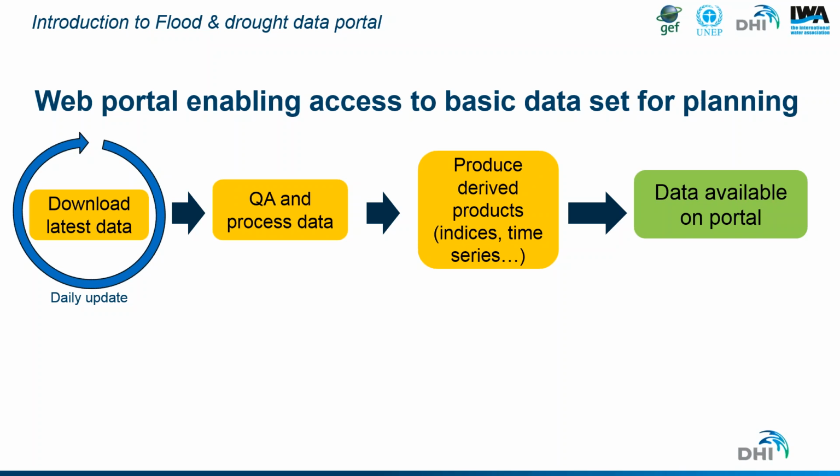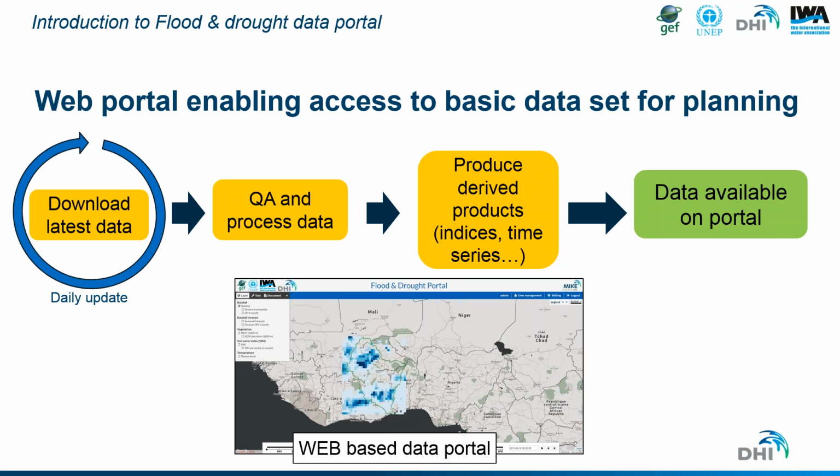And then on top of this, we produce different derived products such as indices, time series, and statistical measures. And then at the end, we make the data available on a public web-based data portal. And there's a screen dump of the data portal there, and you will get a live demo of this just after this presentation.